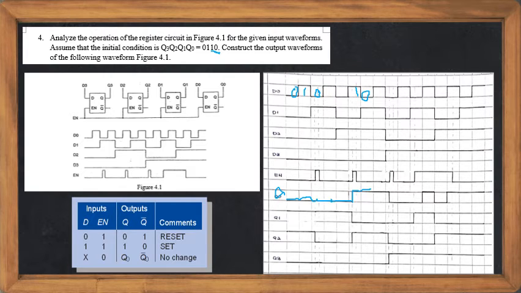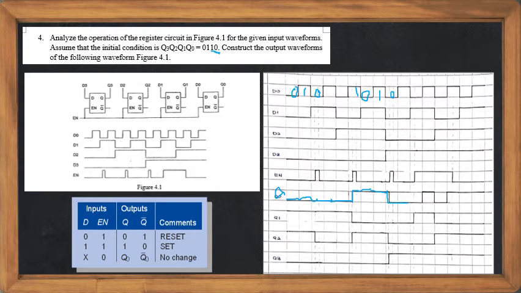And when D is 1 and the enable is 0, the output will be no change. When D is 0 and the enable is 1, the output will be reset.